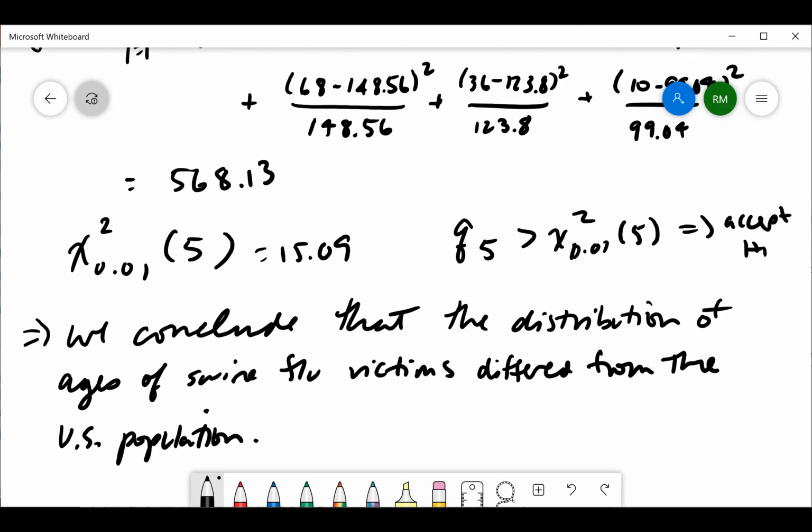We don't really know, and that would require a different kind of testing. In practice, experimenters often look at linear functions of our random sample, but this is beyond the scope of this class. All right, so that's that one. Let's move on to another example.